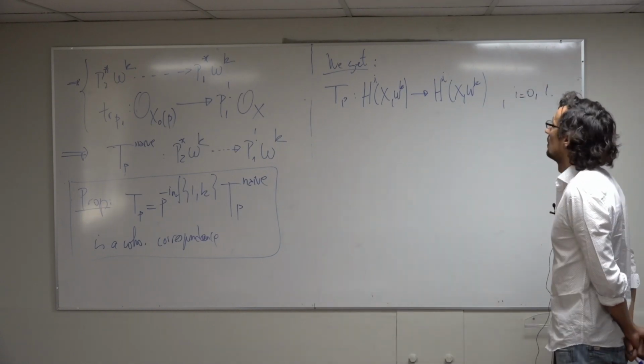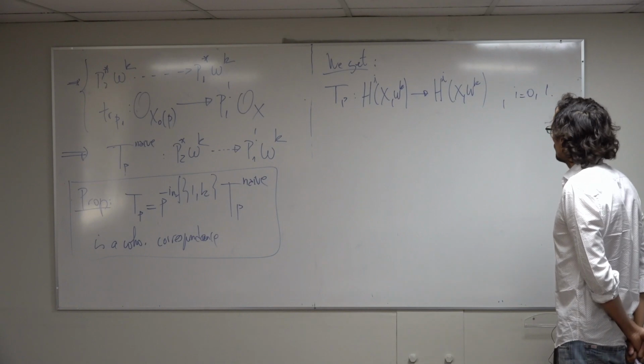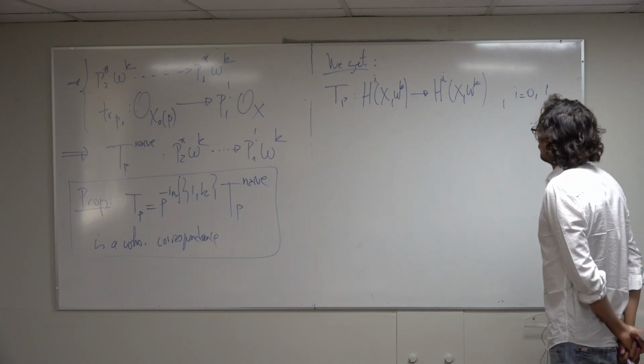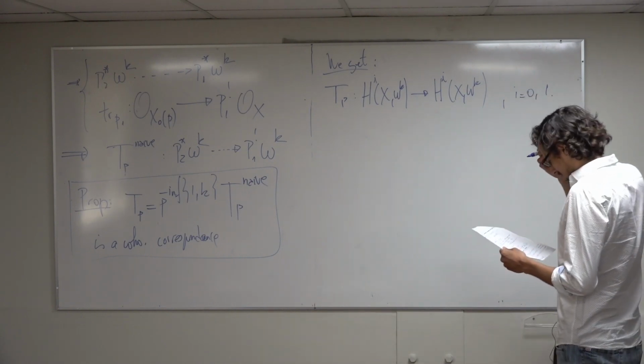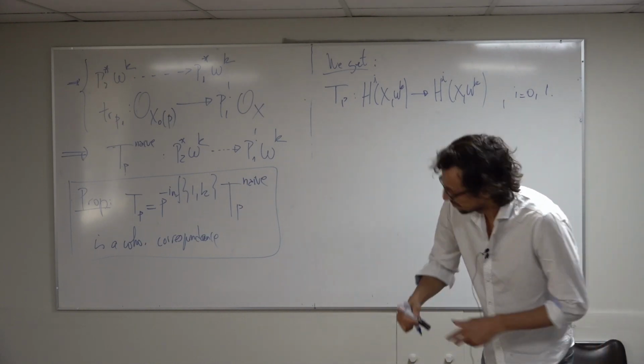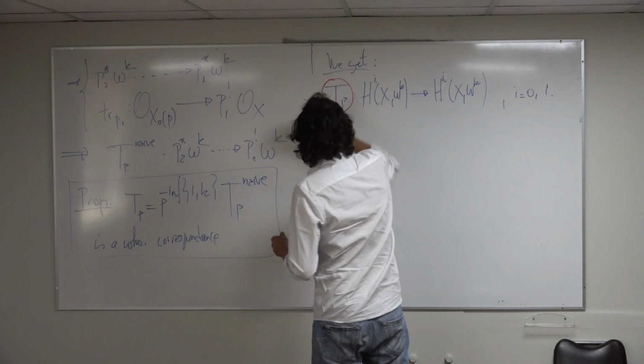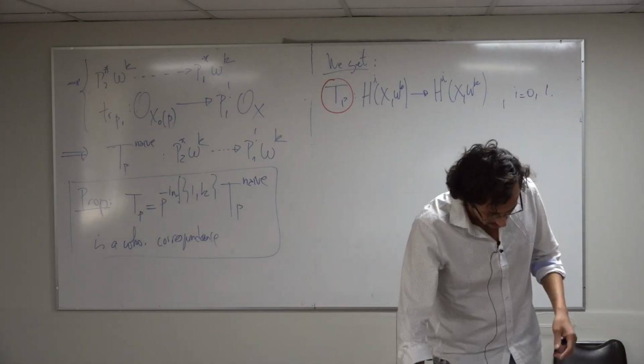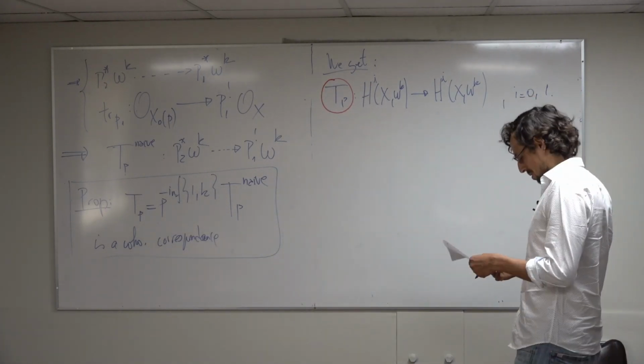X0(1). That was explained by Héctor. And we get this map, which is called the Hecke operator at P. Okay, that is the map we care about. So it will be useful to perform our goal.